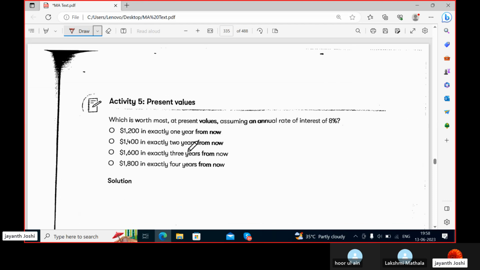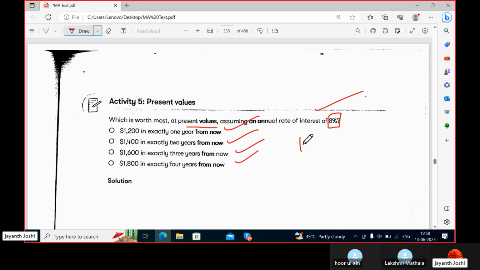Which is worth most at present values, assuming an annual rate of interest of 8%: 1 year from now, 2 years from now, 3 years from now, 4 years from now.